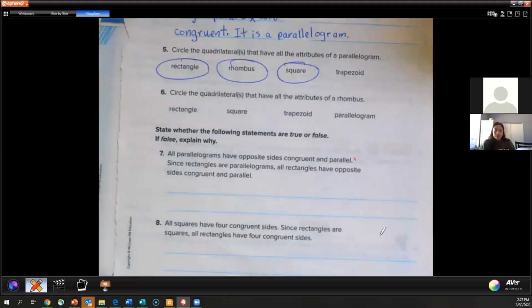All right. Now let's take a look at our next sentence. It says, since rectangles are parallelograms, it's a difficult word, I guess. Since rectangles are parallelograms, all rectangles have opposite sides congruent and parallel. Now, Mr. Yates, do you mind going back to our chart just so we can look at a rectangle?